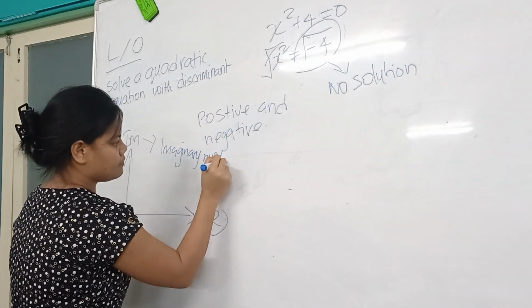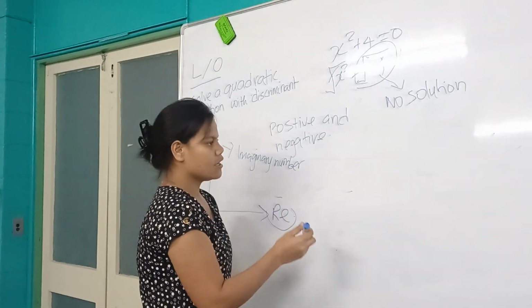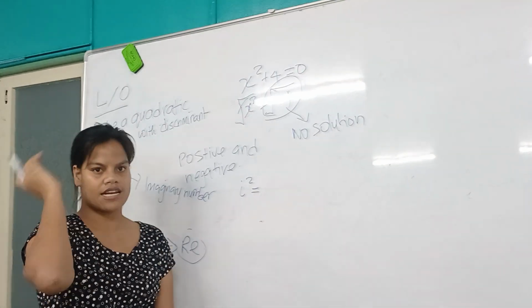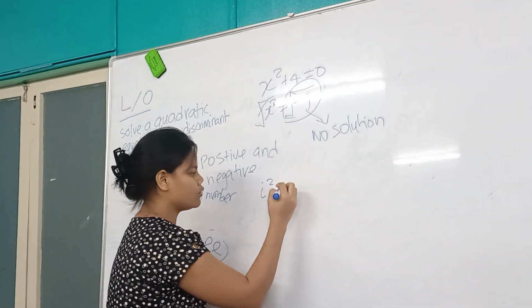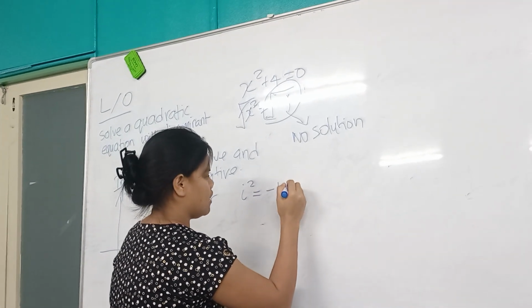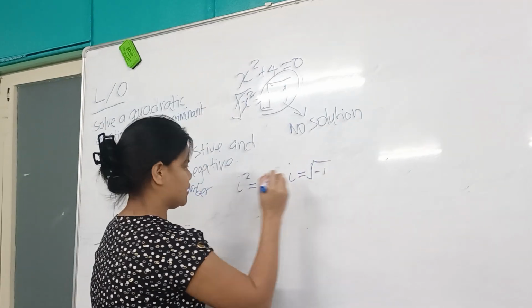That's why we apply i squared. You know, in our previous class, i squared equals negative 1, which is simplified as i equals root of negative 1.